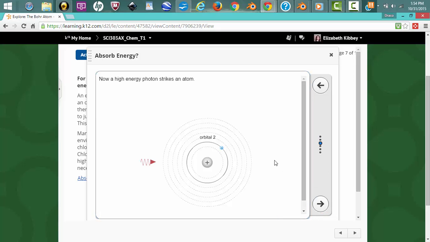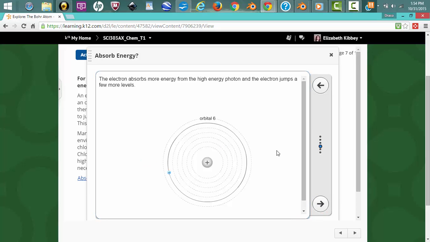A high energy photon strikes an atom. The electron absorbs more energy from the high energy photon, and the electron jumps a few more levels. Each time a photon strikes the atom, the energy level of the electron increases. If the photons give the electron enough energy, the electron escapes the pull of the nucleus and the atom becomes ionized.